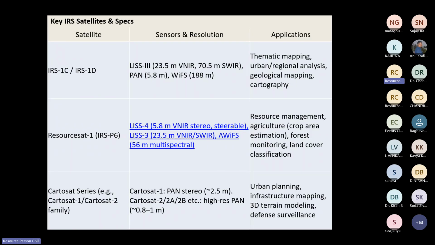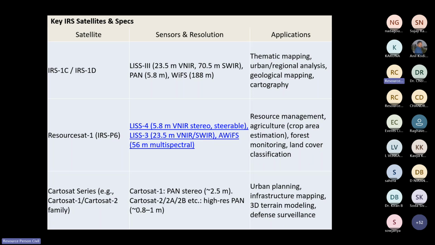Another is the sensors. Sensors are nothing but cameras. We have two types of cameras: LISS-3 and PAN. Panchromatic data has 5.8 meter resolution. WiFS has 188 meter resolution. Resolution means the size of one pixel of an image, which is nothing but our spatial resolution.